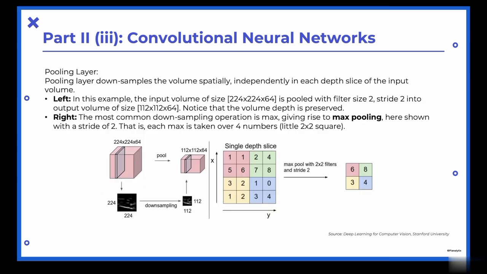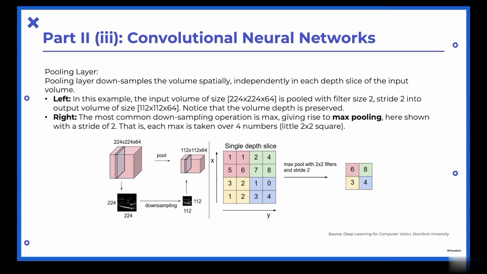Here we can see how the pooling layer works. The pooling layer downsamples the volume spatially, independently in each depth slice of the input volume. On the left-hand side, we can see that the volume is of size 224 cross 224 cross 64, and when we perform pooling downsampling, the volume has been reduced to 112 cross 112 cross 64.